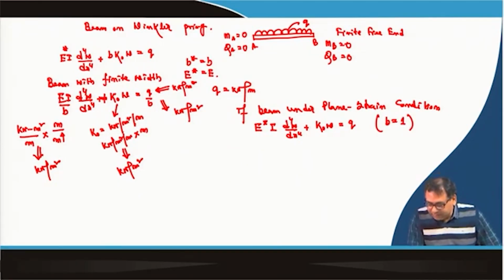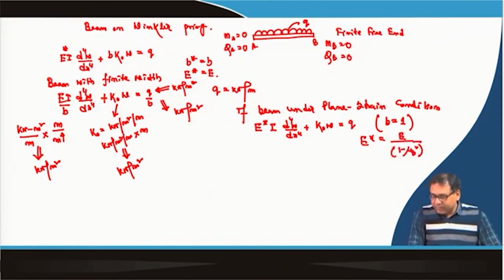Because B will be 1 under plane strain condition, and E star is equal to E over 1 minus mu square.